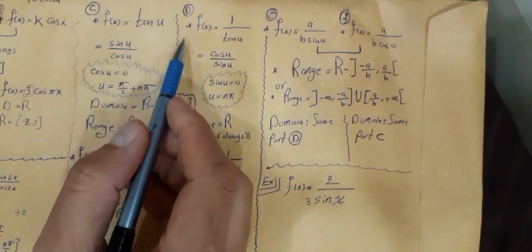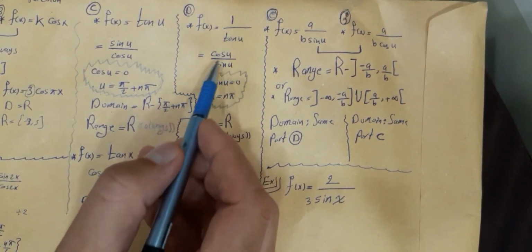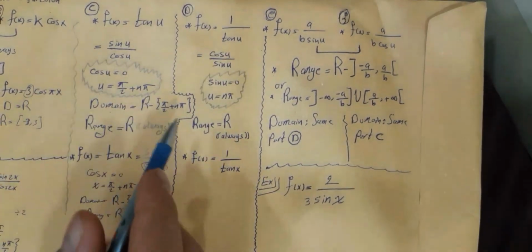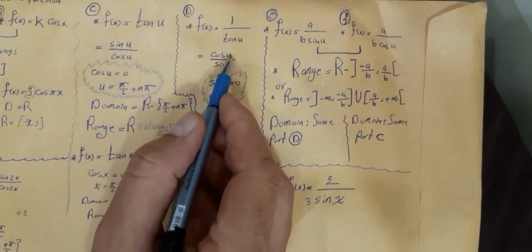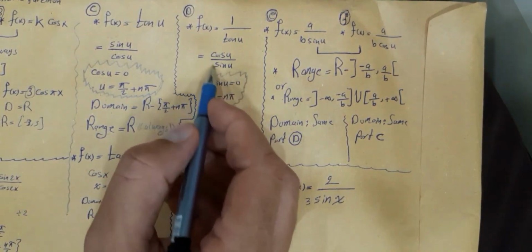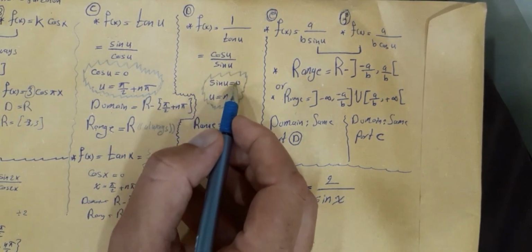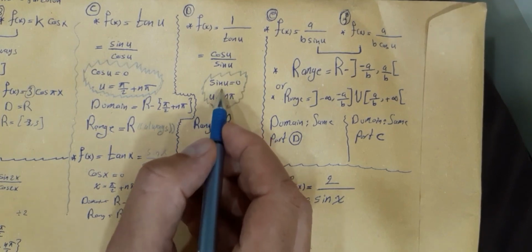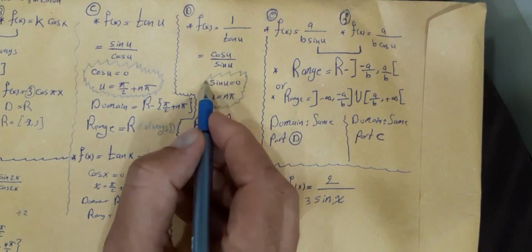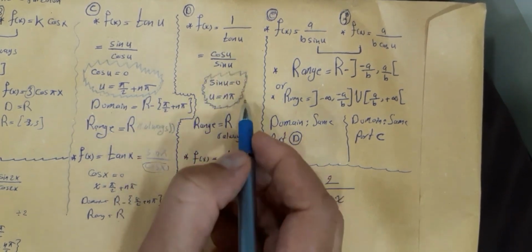About the fourth function, f of x equal to 1 over tan u. Of course 1 over tan equals cosine divided by sine. In the same way, this function is a rational function, so the denominator, sine, must not equal 0. If sine u equals 0, then u equals n pi. This is the rule for sine equal to 0.